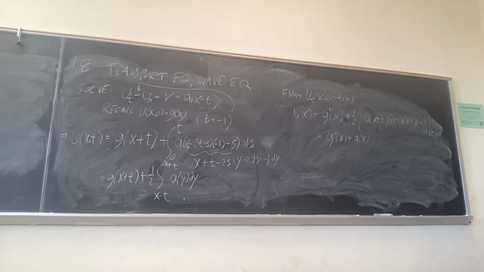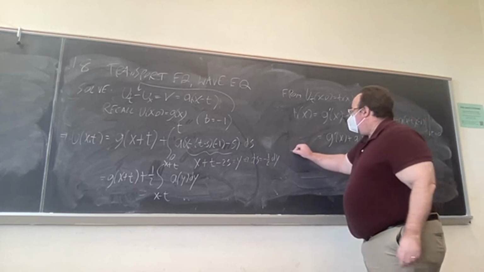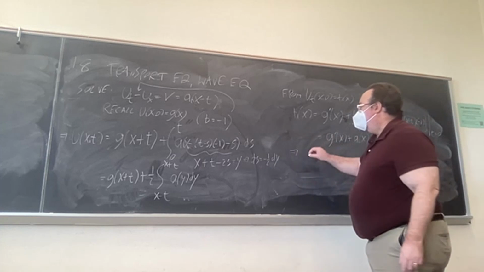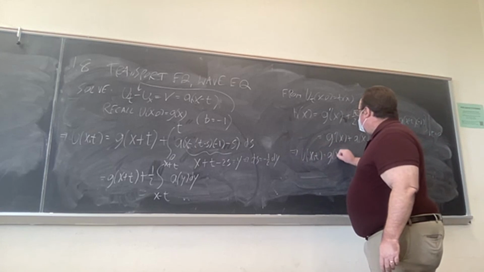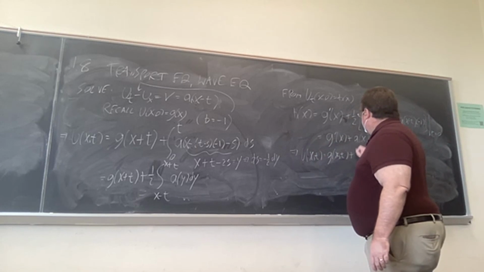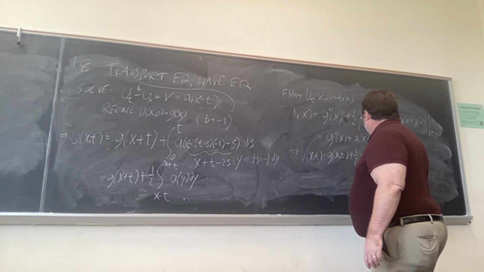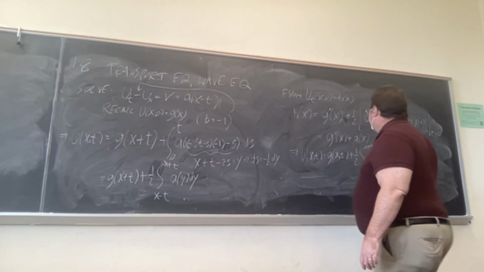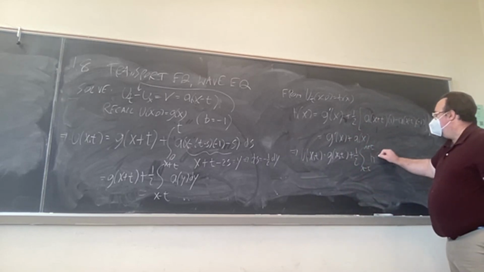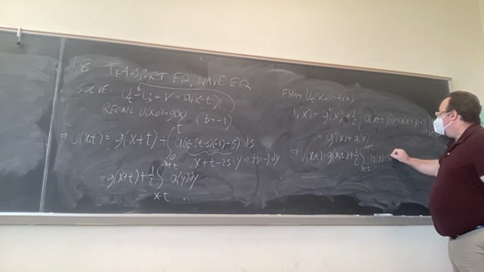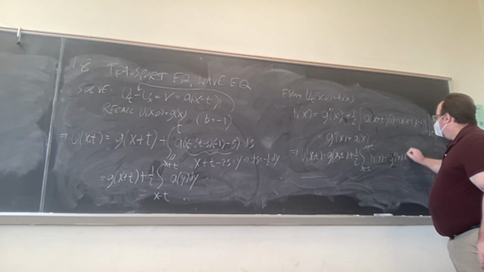So now I can substitute that in here. So u of x, t equals g of x plus t, plus 1/2 integral of h of y minus g prime of y dy.